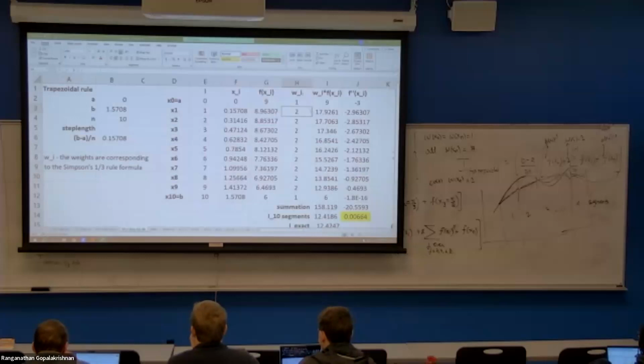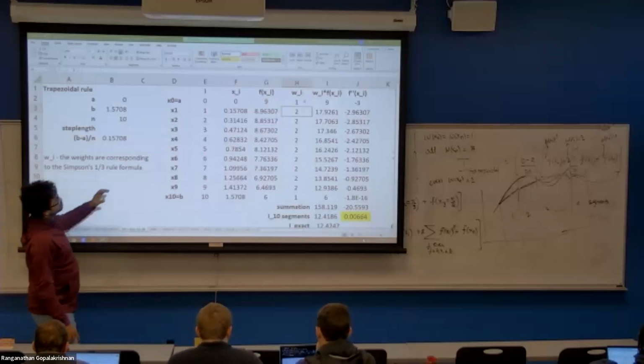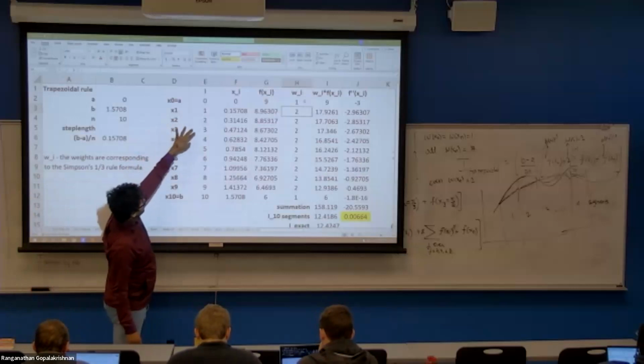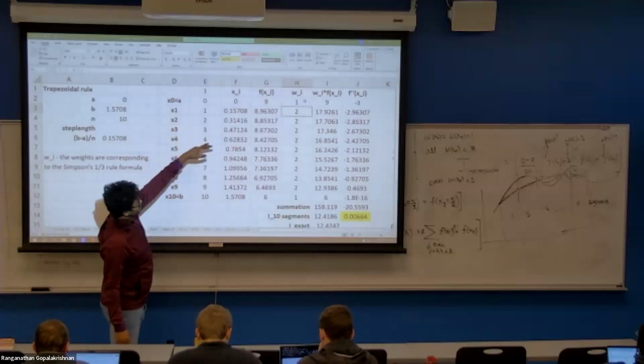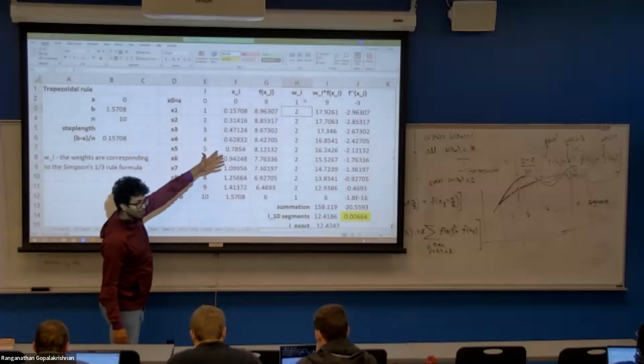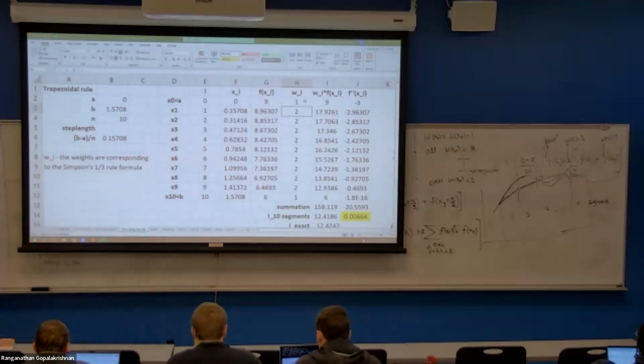And the weights here are in column H. All odd terms are going to be 4, all even terms are going to be 2, which of course you can do manually. But it's not a gigantic leap for you to write a program or a short statement in Excel. If column E is odd, how do you check if this is odd?